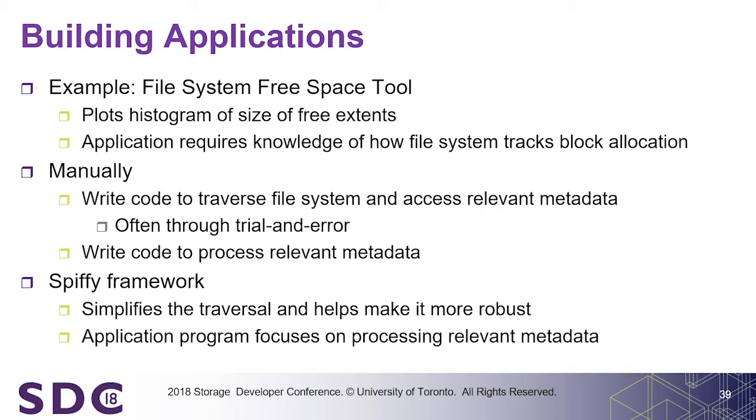The manual approach requires first traversing the file system to access the block allocation information, and then processing this information to obtain the free space extents. In contrast, the Spiffy library provides the necessary traversal code so that the developer only needs to focus on writing code that processes the block allocation metadata.